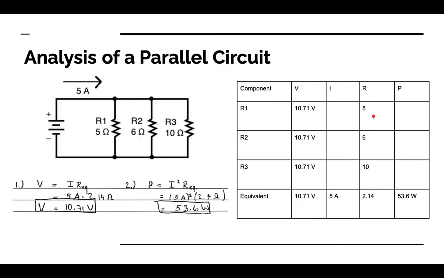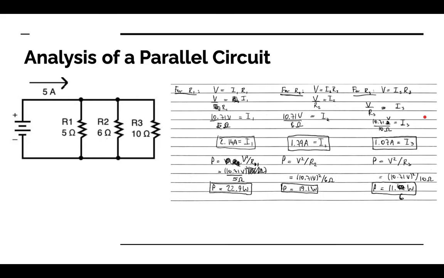So now we have enough information in each of our rows for each of our resistors to determine the current through each resistor and the power being dissipated through each resistor. Okay? So we carry out a whole bunch of calculations here, and as a result of applying Ohm's law to R1, we get 2.14 amperes.